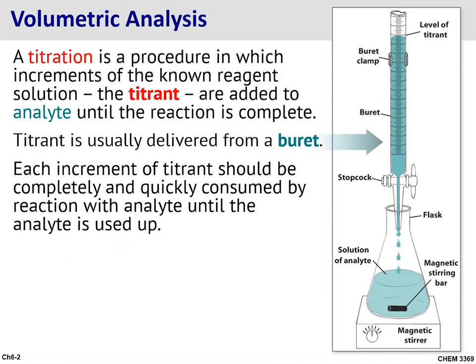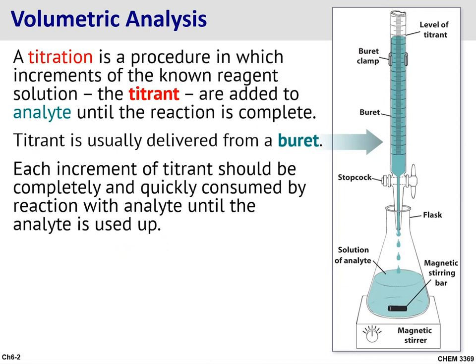From that volume, and again the stoichiometry of the reaction, we calculate how much analyte is in the unknown substance. The whole procedure relies on adding small increments of the standard titrant to the solution containing analyte until the reaction is complete. That procedure is called a titration.